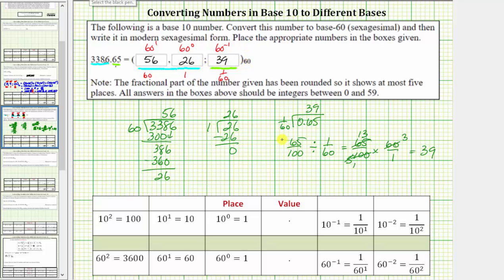And let's verify this before we go. Let's verify that 3,386.65 is equal to 56 times 60 plus 26 times 1 plus 39 times 1/60th.